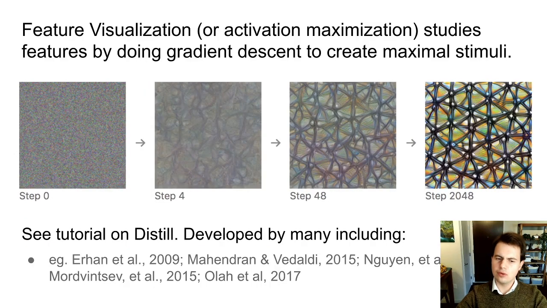One possible answer is that there's this very nice technique called feature visualization, or sometimes activation maximization. What you do is take a neuron, start with some random noise, and do gradient descent just to cause that neuron to fire. There are a few other small tricks, but basically you just do gradient descent to cause that neuron to fire strongly. So you create a stimulus, really from scratch, that causes that neuron to fire.